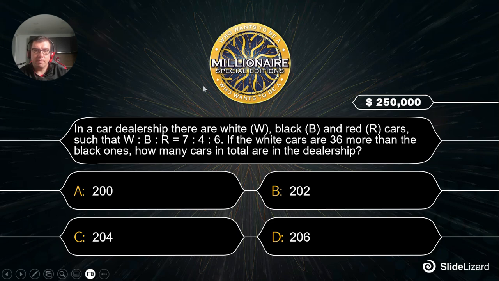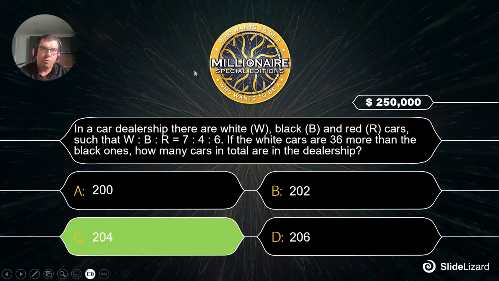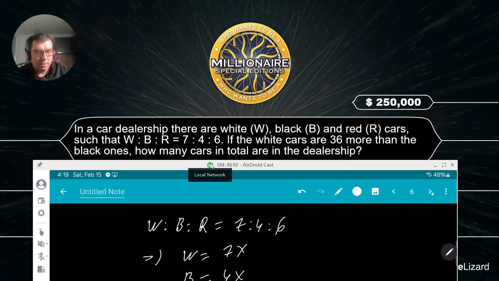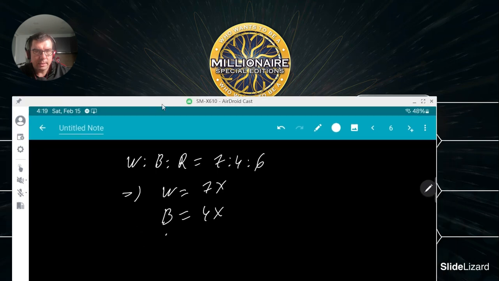Did you find C, 204? That is correct. Let's solve it together. White to black to red is 7 to 4 to 6. Therefore, the white ones will be 7x, the black ones will be 4x, and the red ones will be 6x.